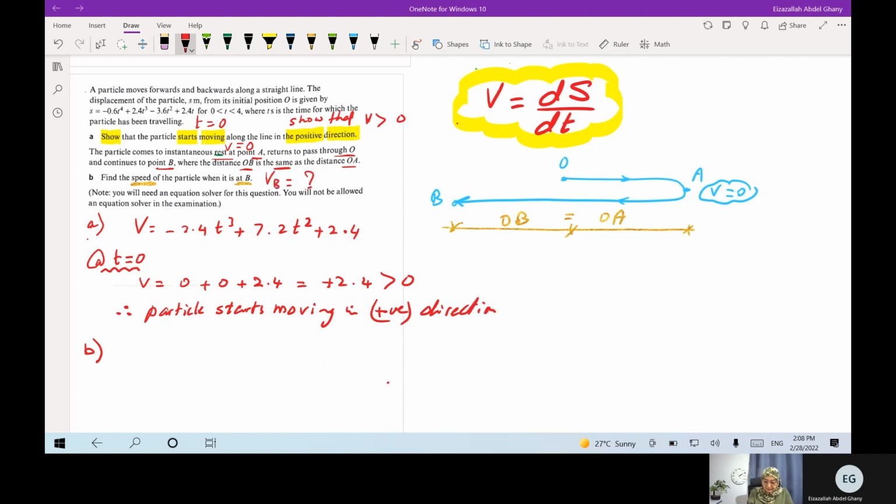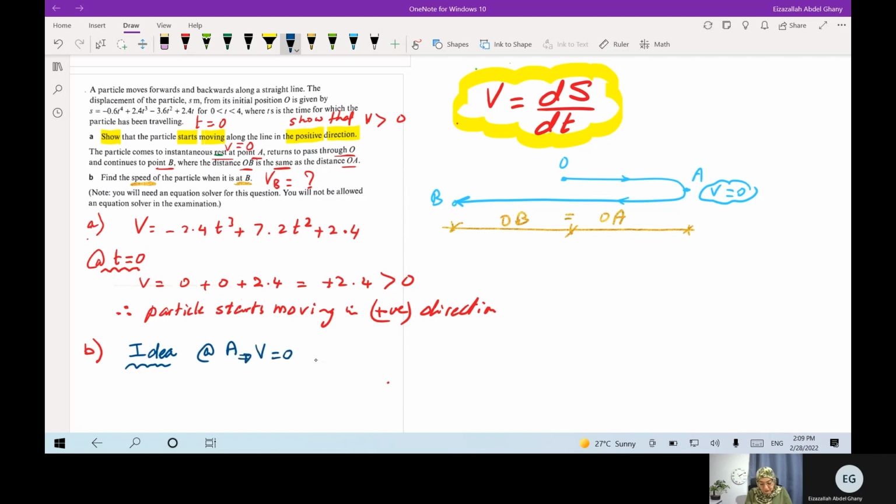Let's make the steps of our work. The idea is, after differentiating the displacement to find velocity, here we have it already done. The velocity at A equals 0.